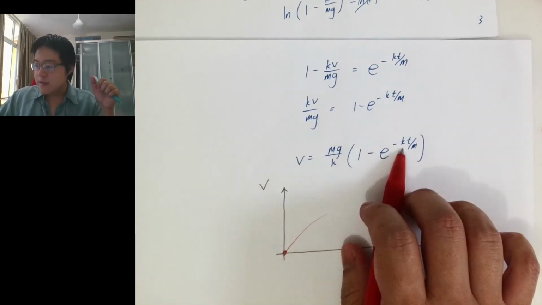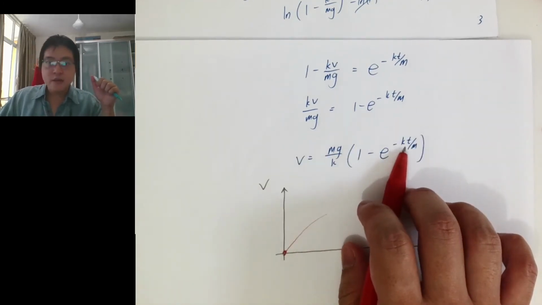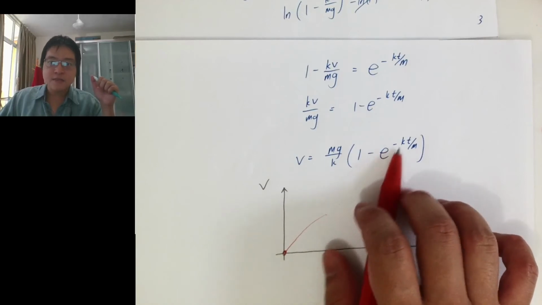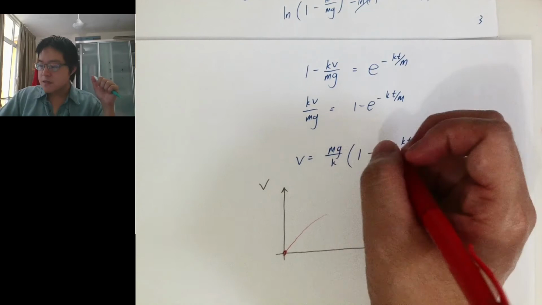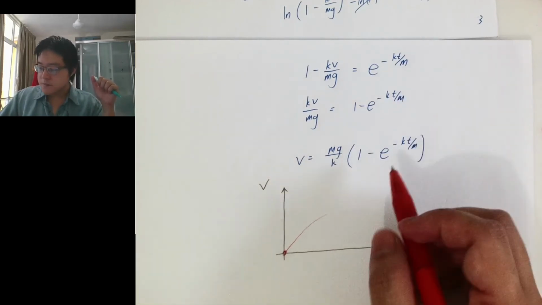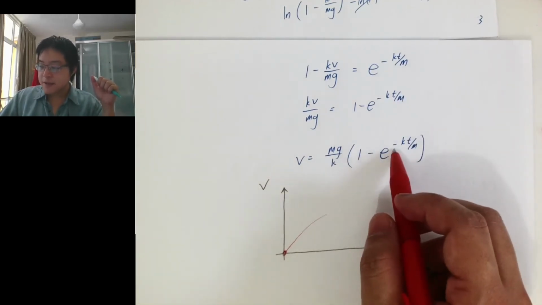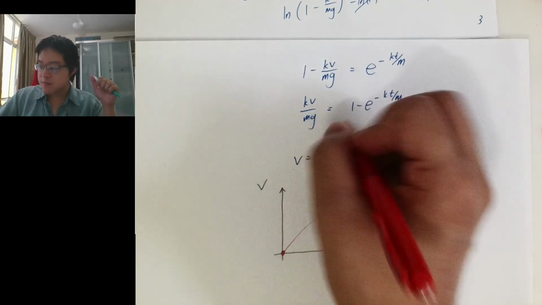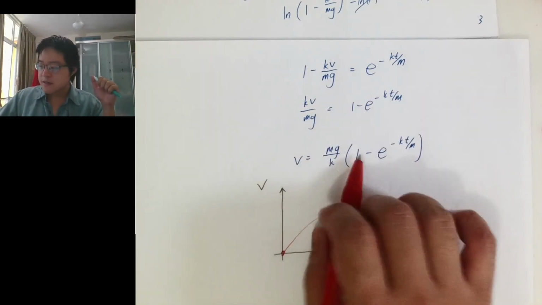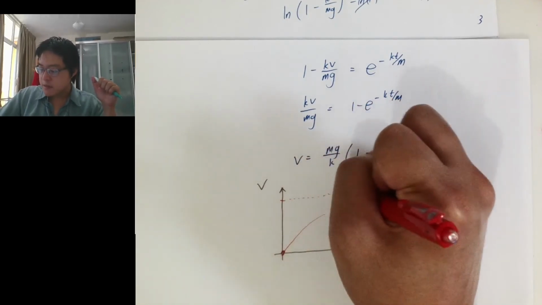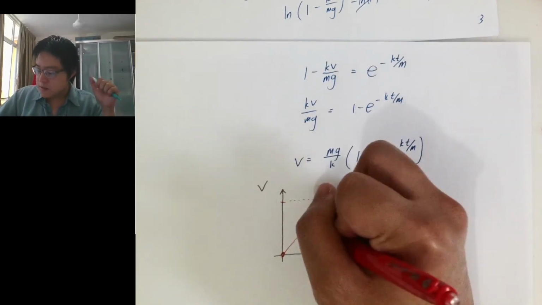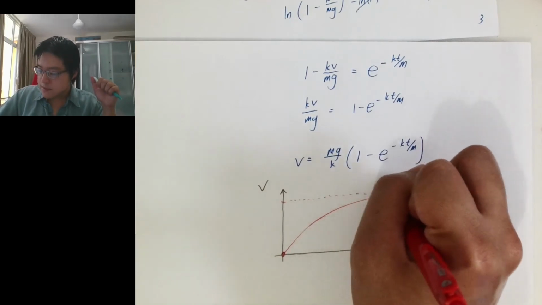Notice that e to the negative power is always smaller than 1. So it's 1 minus a number smaller than 1. So it will never go beyond a certain maximum value. Notice that it will be asymptotic basically to this line. Okay, so it will be something like this.